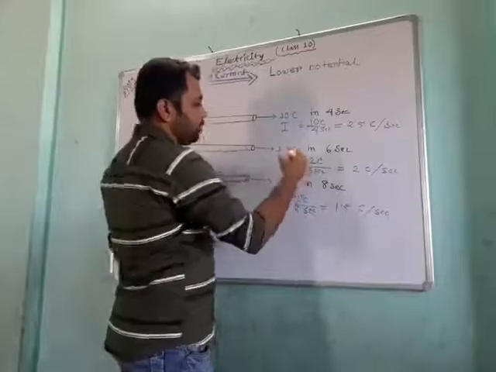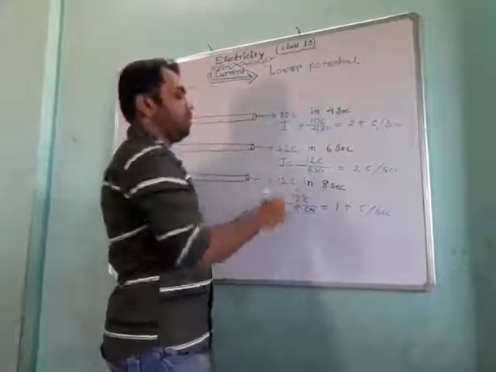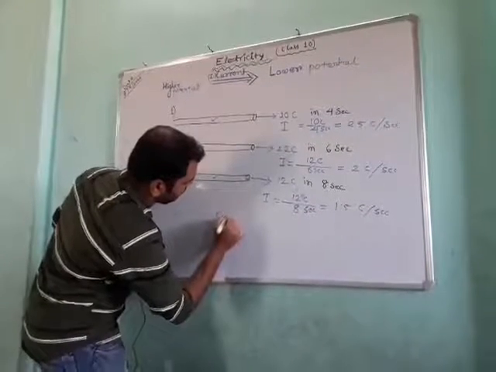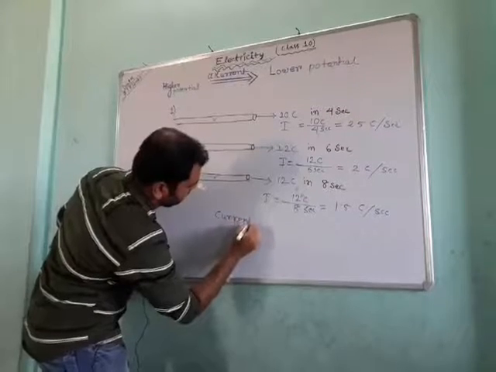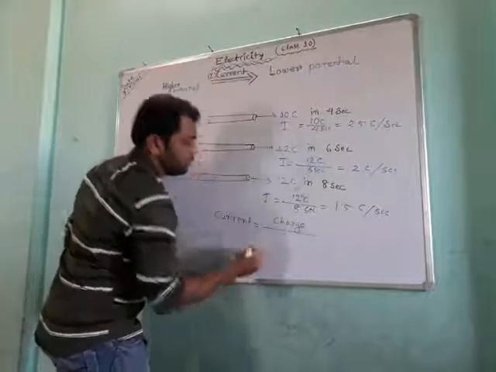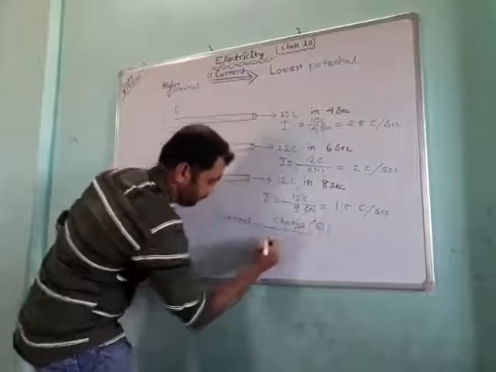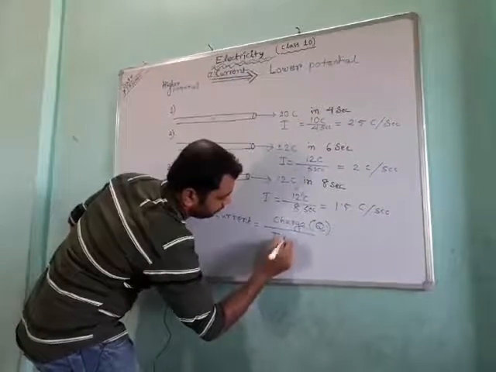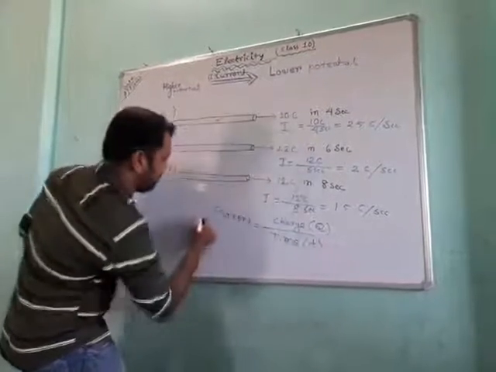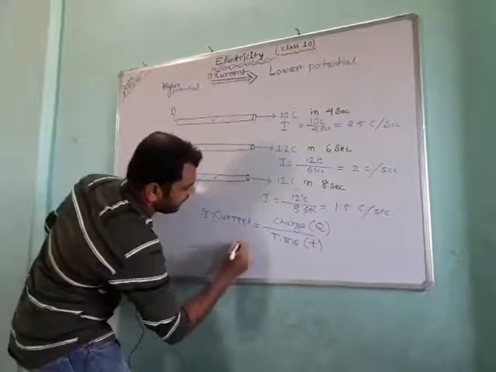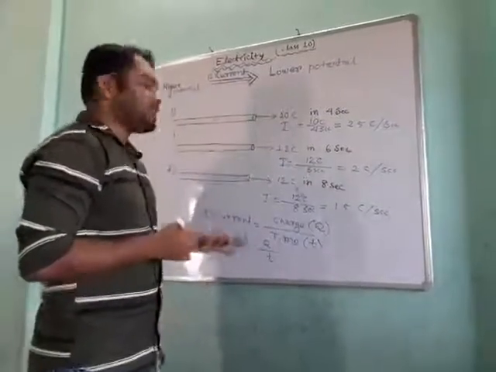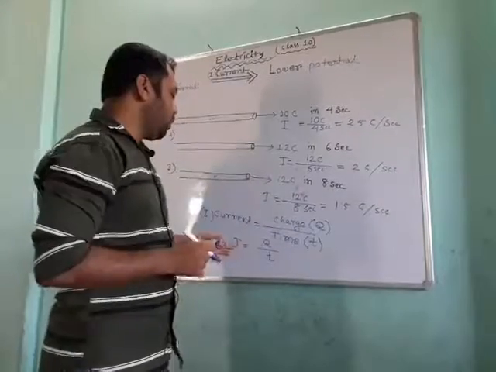Current is expressed as charge, having symbol Q, and time, having symbol small t, and the symbol of current is I. So I equals Q by t. That's how we can find the magnitude of current.